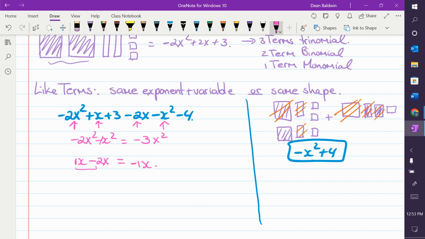And the final one is 3 minus 4, which is negative 1. So there's our polynomial. We usually write it in decreasing powers, i.e. highest exponent first, so you get negative 3x squared minus x minus 1.